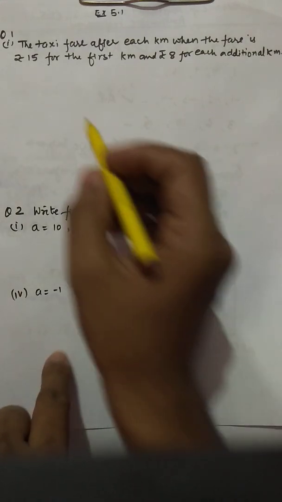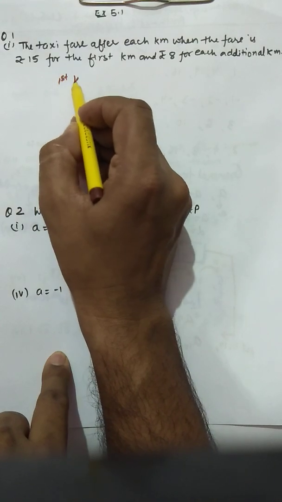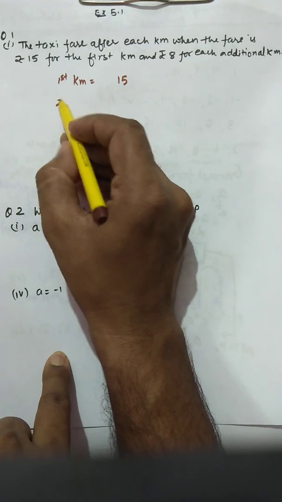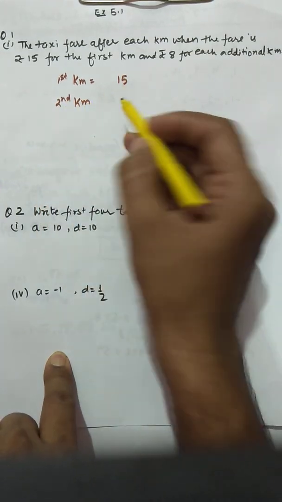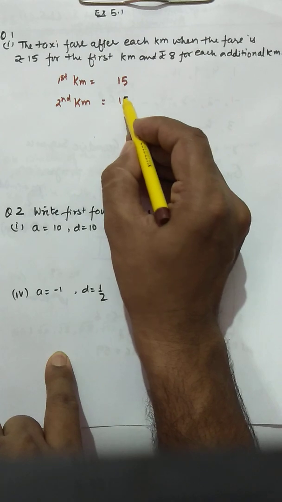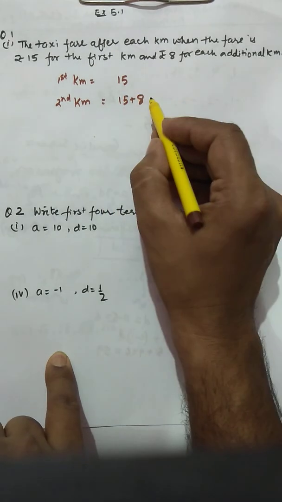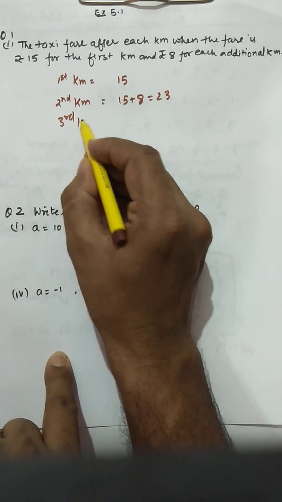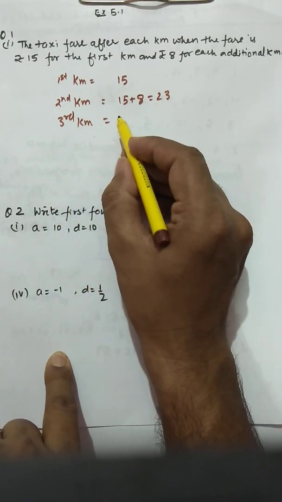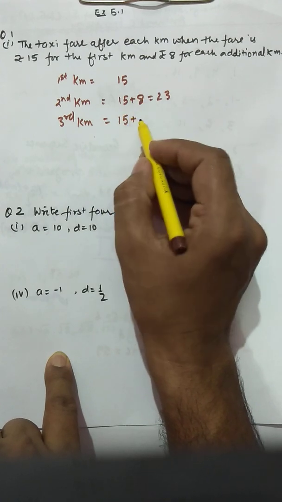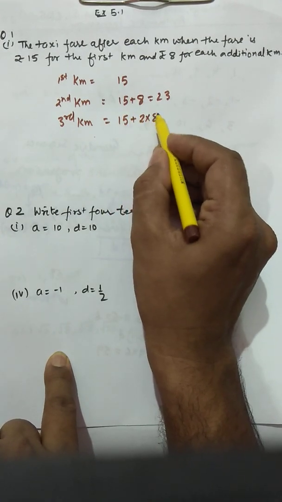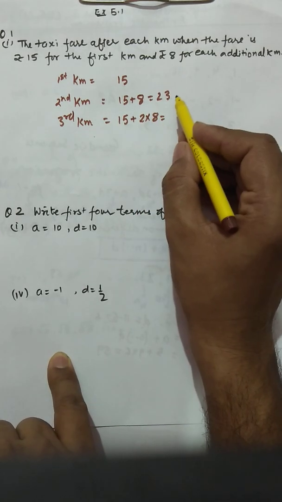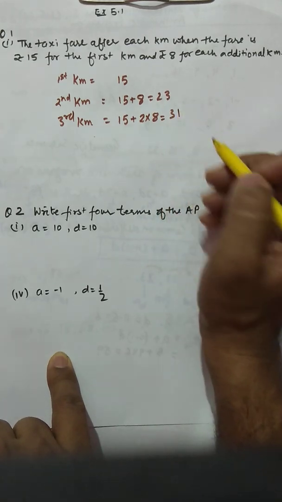You know that for the first kilometer you are going to pay 15 rupees, and after covering the second kilometer, that is 2 kilometers, you will pay 15 plus 8, that is going to be 23. Then for the third kilometer you pay 15 for the first kilometer and 2 into 8 for the rest, so 23 plus 8 will be 31.